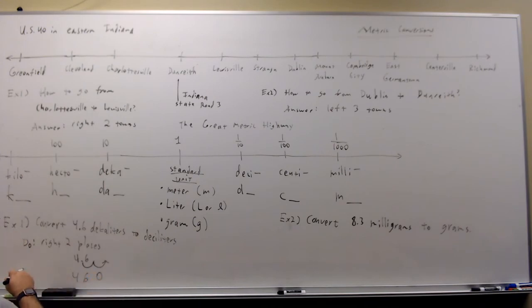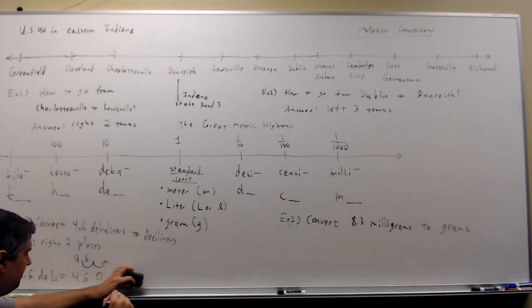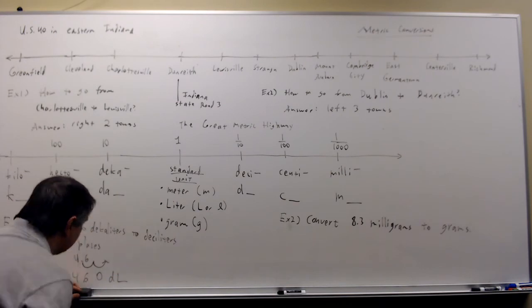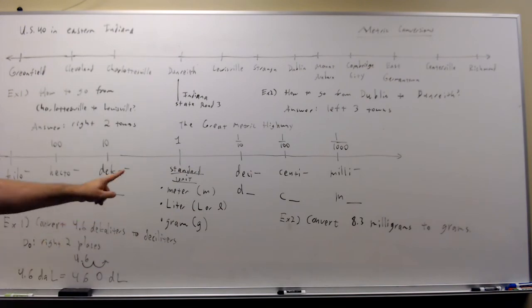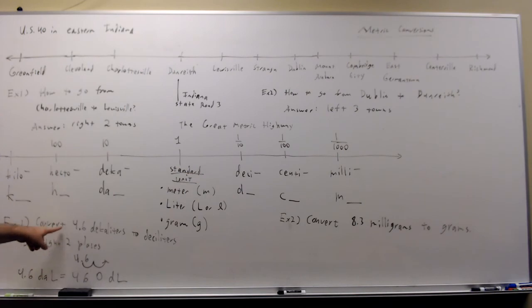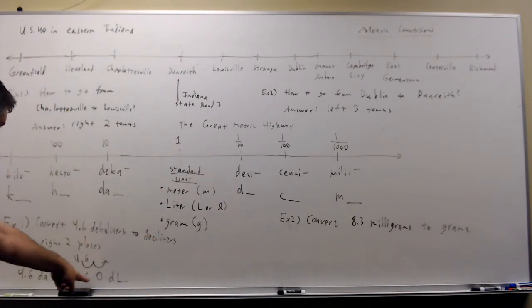So 4.6 decaliters equals 460 deciliters. Please notice the difference between the prefixes for deci and deca. Deca is 10, DA, and deci is based on a tenth, with a lowercase d.